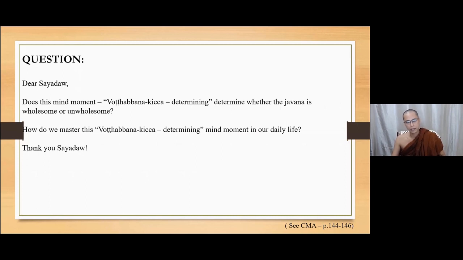In this case, determining does not mean whether it is wholesome or unwholesome. It just means determining the object, sometimes the visual form as visual form, or the sound as sound.